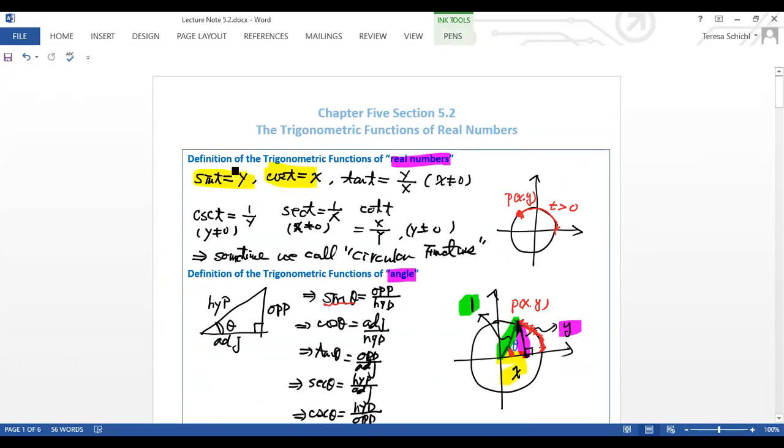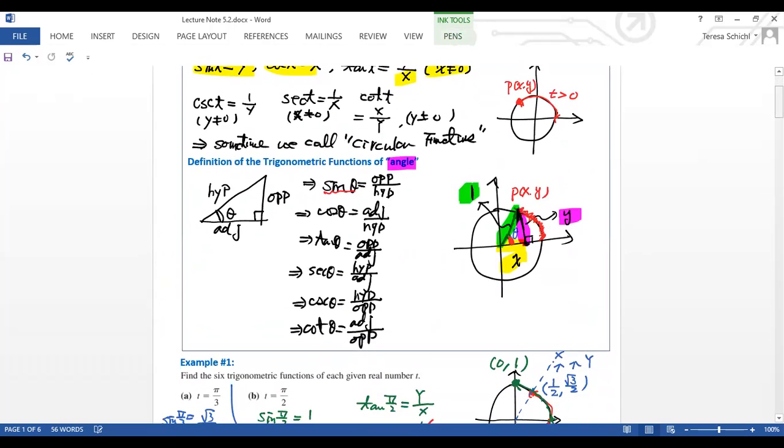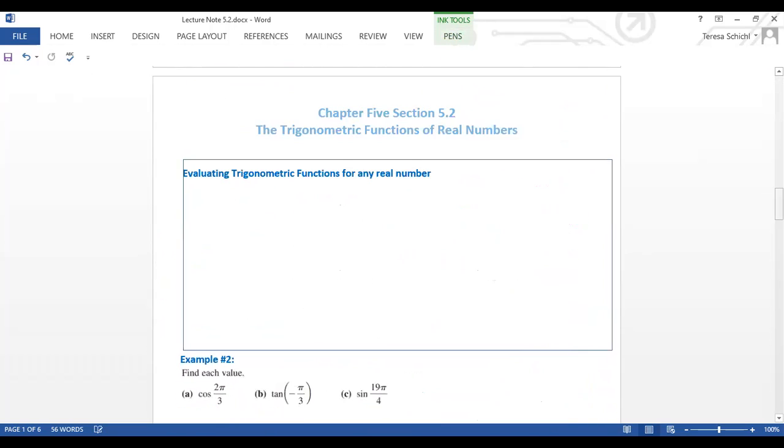No, I don't. I just say sine t equals y, cosine t equals x. But take a look at the tangent. Do I have any restriction? Yes, I said the value of x cannot be zero, right?